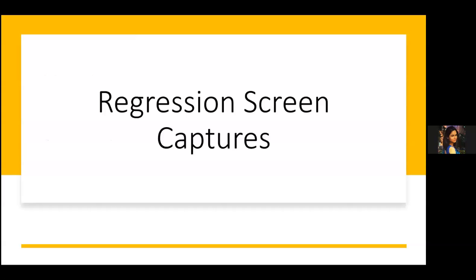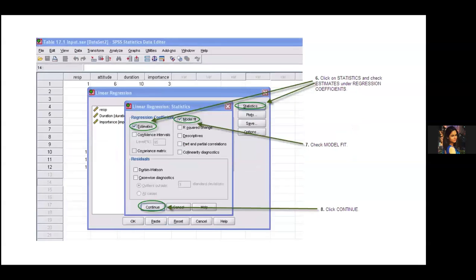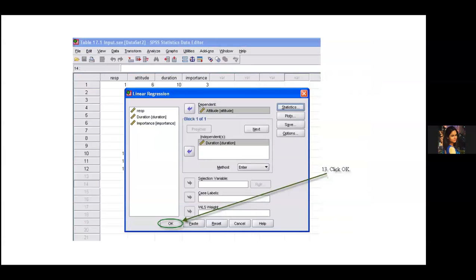Okay, regression screen captures. I'm sharing these captures with you, how to do it, step by step. You go to analyze, go to regression, linear, and then this is how you run. Then you select statistics, then you select continue. All these tables and windows will come, and it's quite easy.